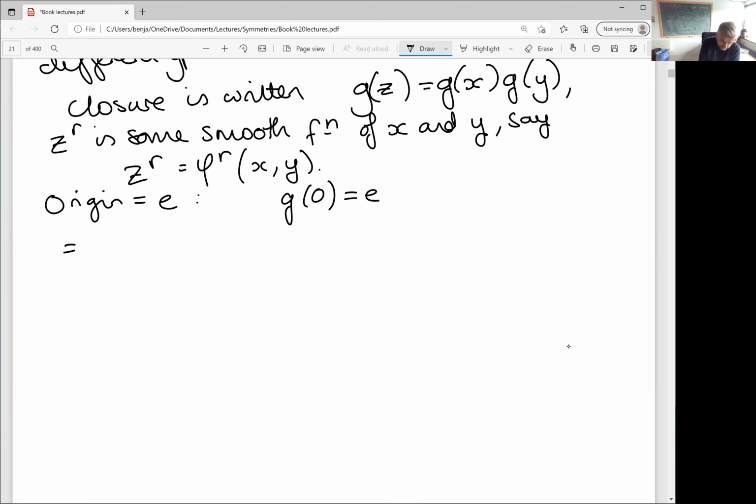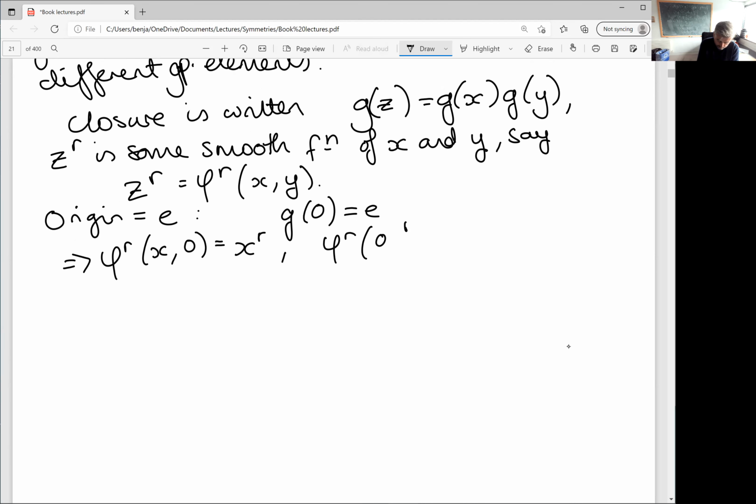What this means is, because we know from the group axioms how the identity acts on other group members, we know the function where one of the arguments is 0: we just get the component of the coordinate back, no matter which side that's on. This is equation 2.1.